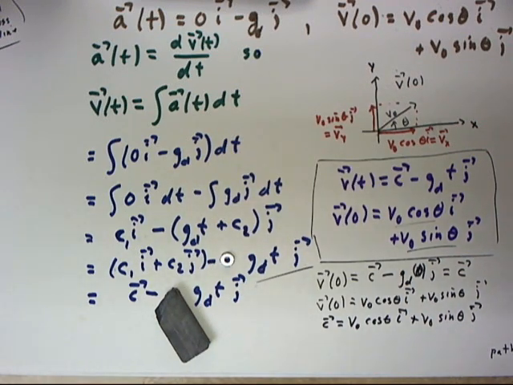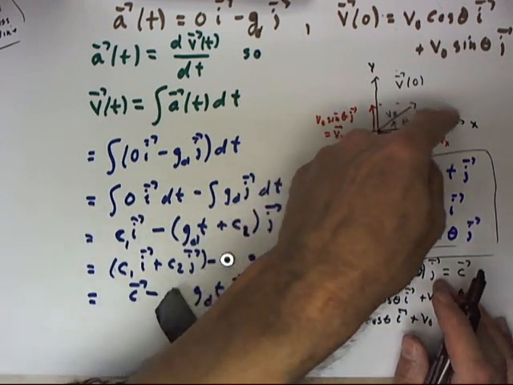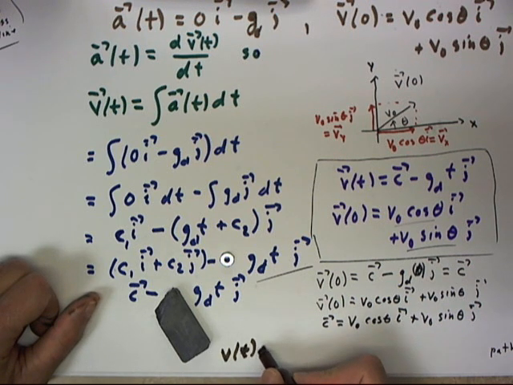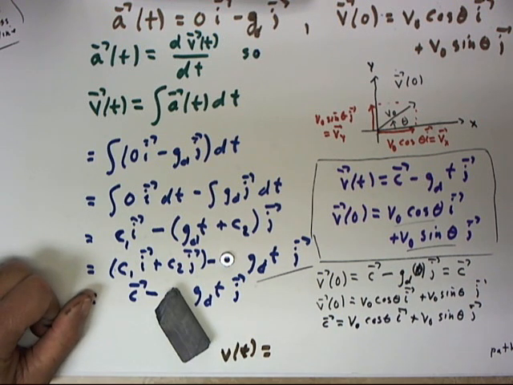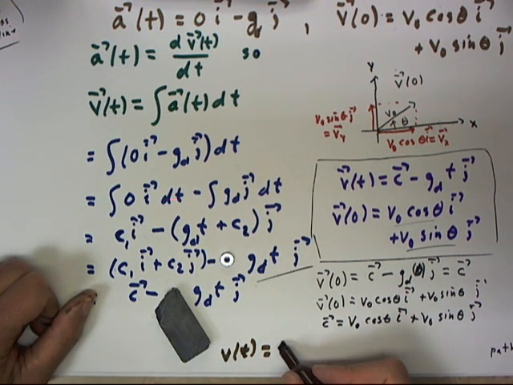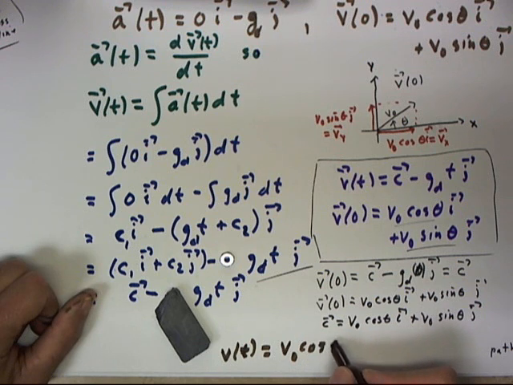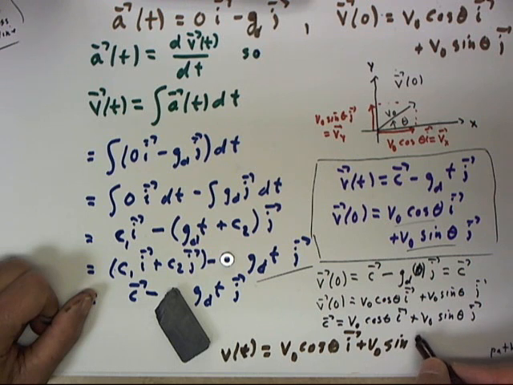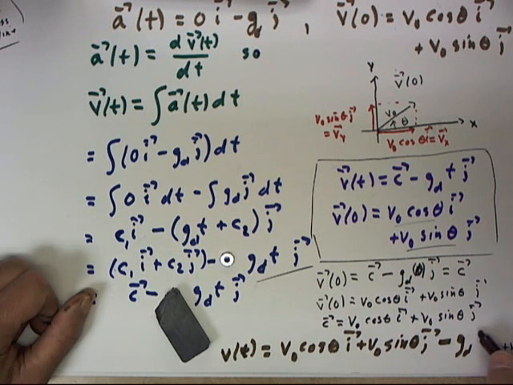And we conclude that our vector function describing the path of this object and its motion in time is v of t equals c, which is going to be v naught cosine theta i plus v naught sine theta j minus g sub d times t j.